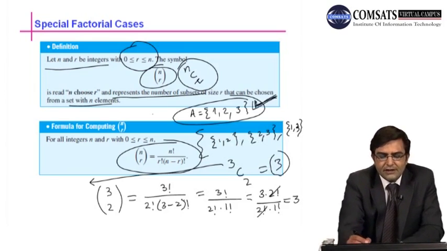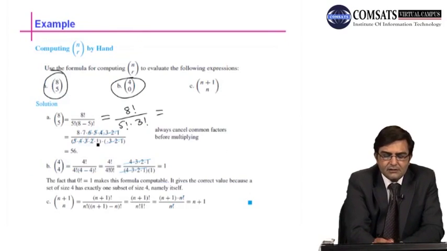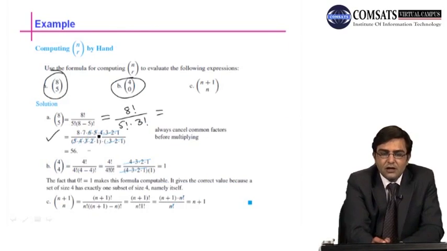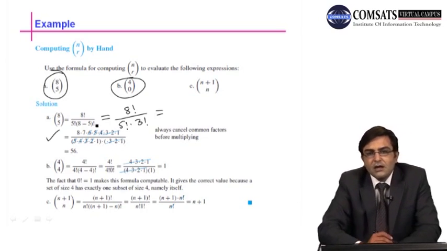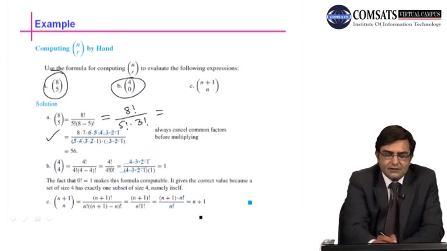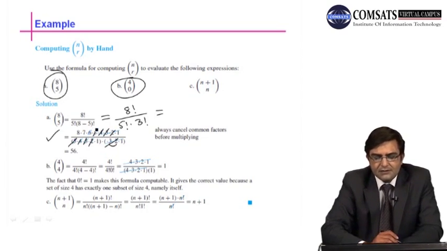Open up all the factorials like this: 8 times 7 times 6 times 5 times 4 times 3 times 2 times 1, over 5 times 4 times 3 times 2 times 1, and 3 times 2 times 1, and then cancel out the same integers. 5 cancels with 5, 4 with 4, 3 with 3, 2 with 2, and 3 times 2 is 6, and this can be cancelled by 6.